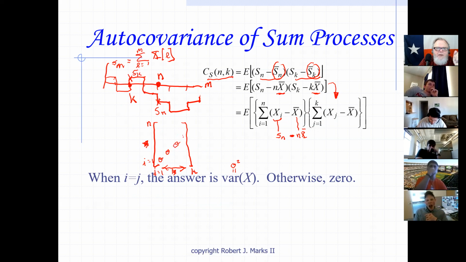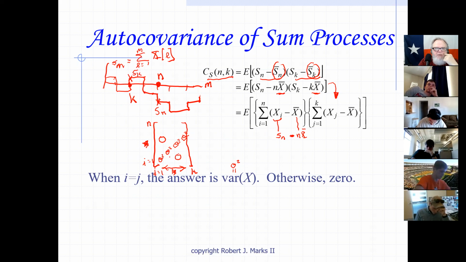But pretty soon we're going to run out of room, right? Because n, at least in this case, is greater than k. So we have the variance across this diagonal of this non-square matrix. And otherwise, it's going to be 0. So it's going to be 0 here, and it's going to be 0 here.